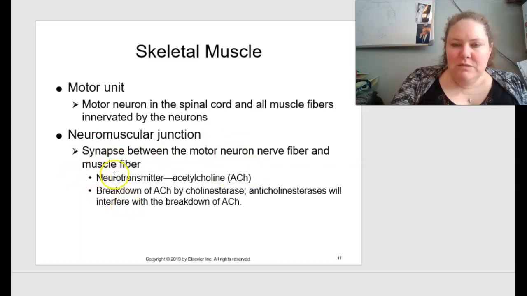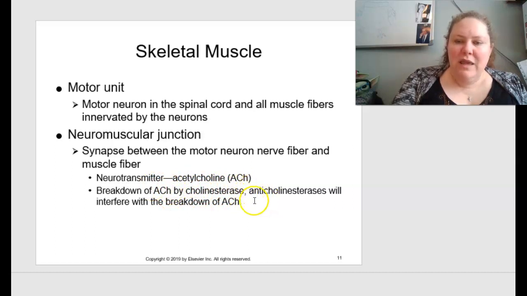And you have a couple different chemicals that are important for this. The most important one is going to be a neurotransmitter, which is called acetylcholine, and that is abbreviated ACH. We have the breakdown of acetylcholine by a cholinesterase, so it's called acetylcholinesterase, if you want to be very technical.